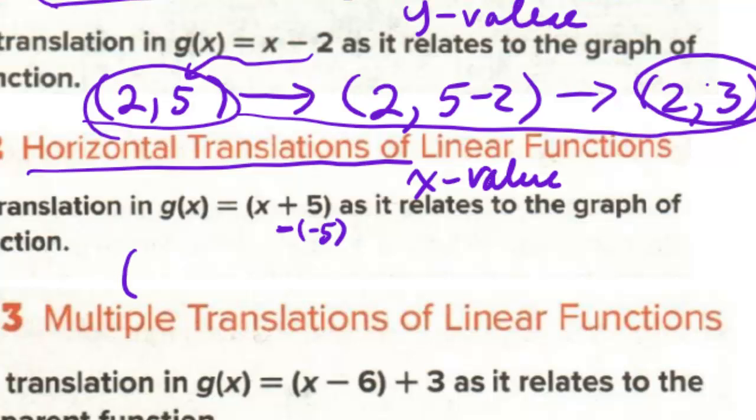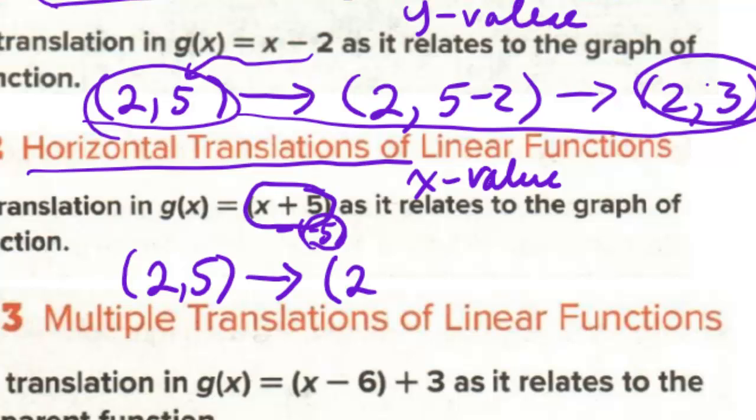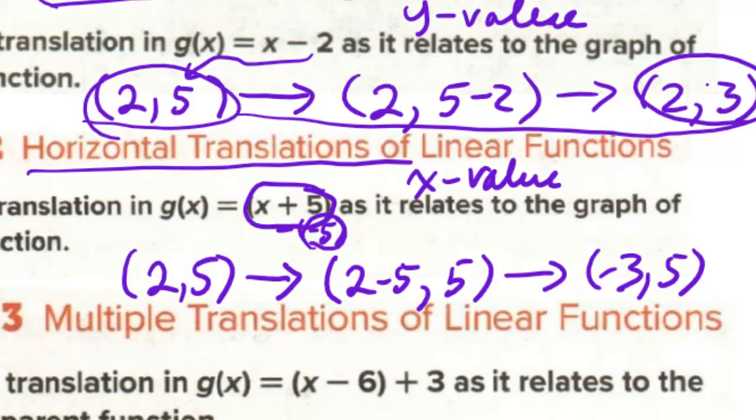So let's go back to that other point where I had (2, 5) was the original problem. And then I apply this translation of, it says +5, but remember it's really minus a -5, so I'm really subtracting 5. So the translated point is going to be (2 minus 5, and then the 5 here doesn't change). So if I adjust that, 2 minus 5 will give me (-3, 5).